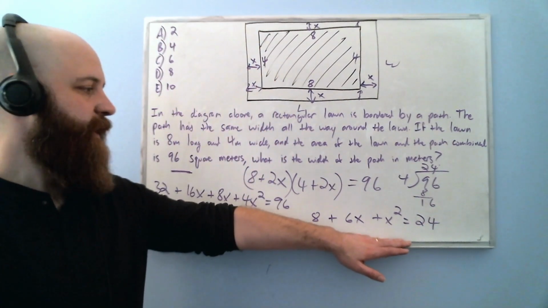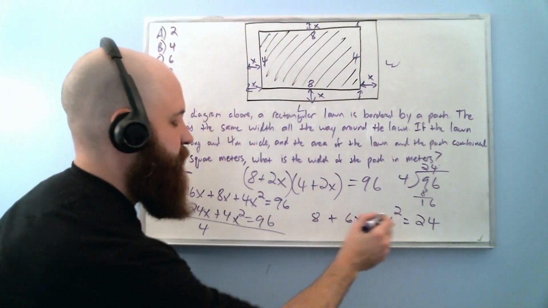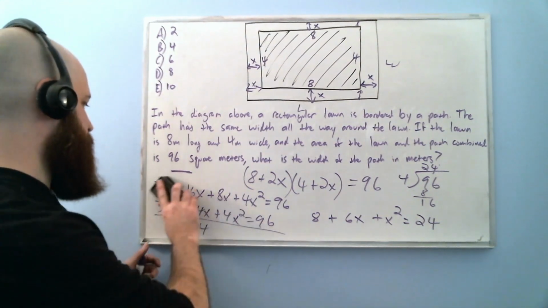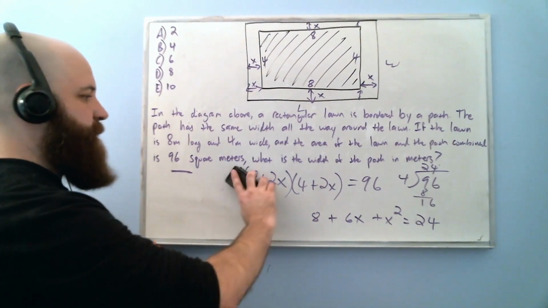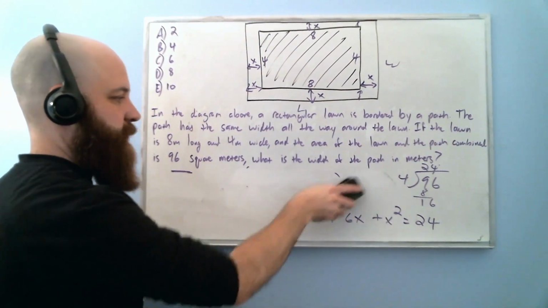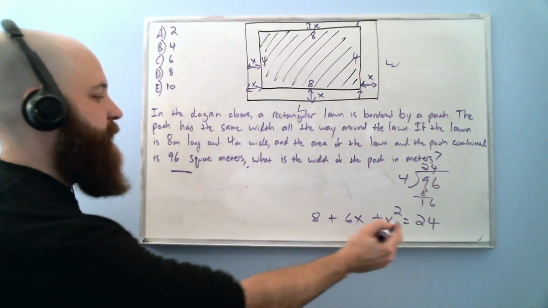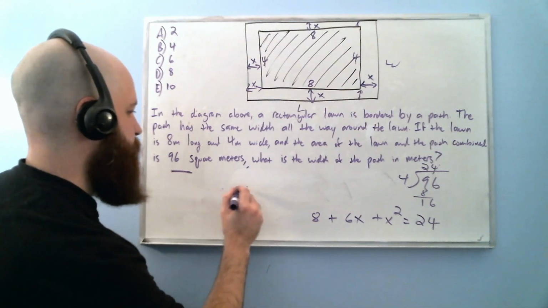That's a lot better. But I'm going to keep up my philosophy of double checking every step. So I'm going to subtract 24 from both sides. That will allow me to create a quadratic equation equal to 0, and that's something in theory I can solve. So subtract 24 from 8, I get negative 16.